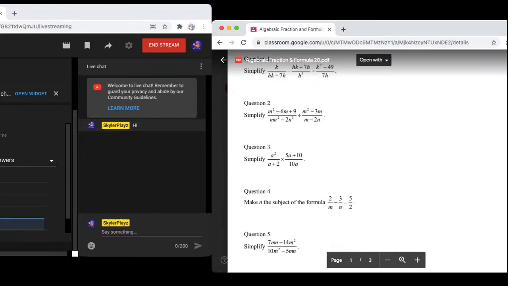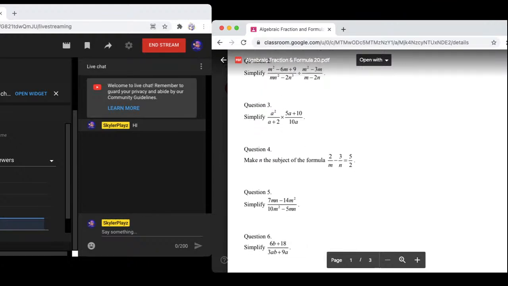Then we need to go over the third question. The third question is a squared divided by a plus 2 times 5a plus 10 divided by 10a.